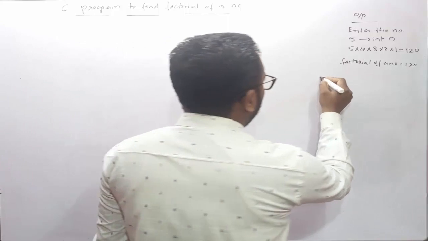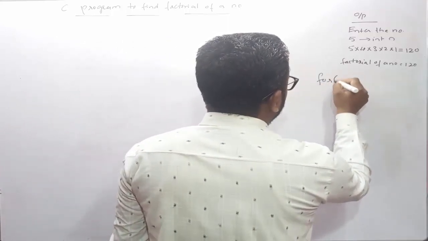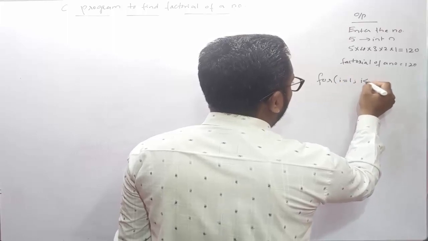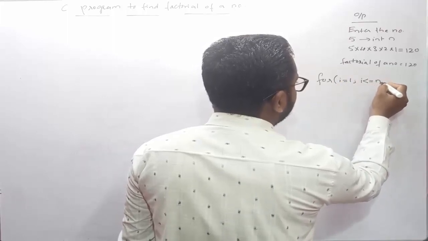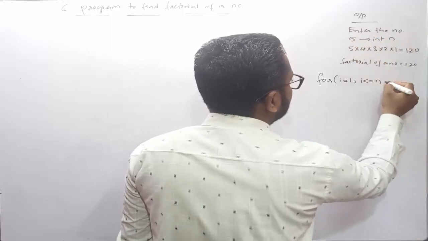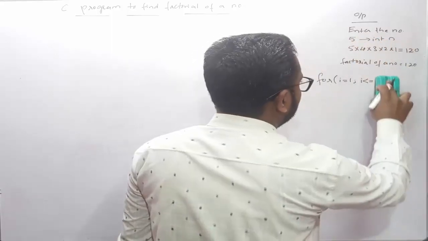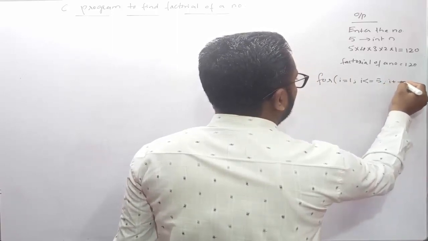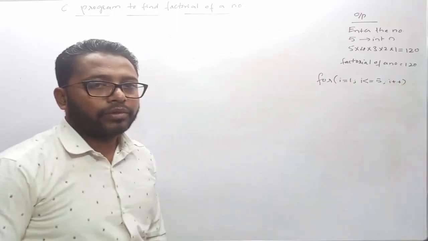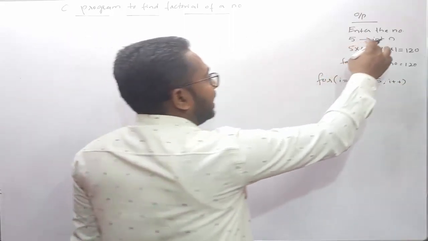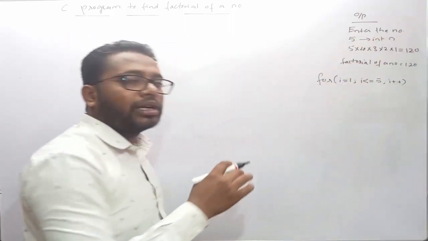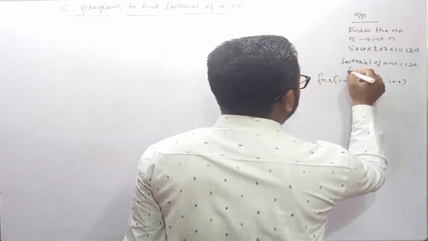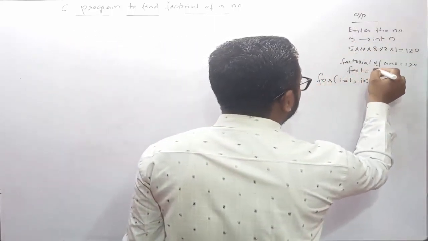So I will use a for loop which starts with 1 until the value of i becomes n, which in this case is 5. Let me just write that value directly here. Semicolon, i plus plus. Along with an integer variable n, we also need to declare and initialize another variable with the name fact equals to 1.